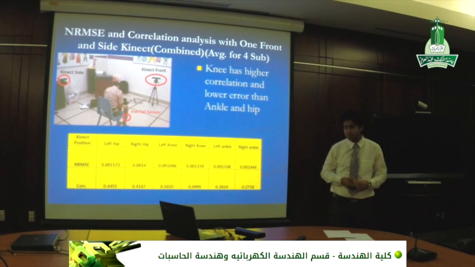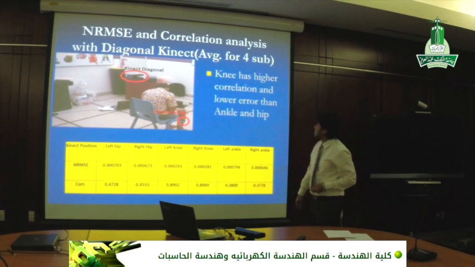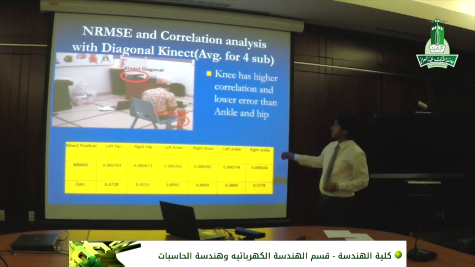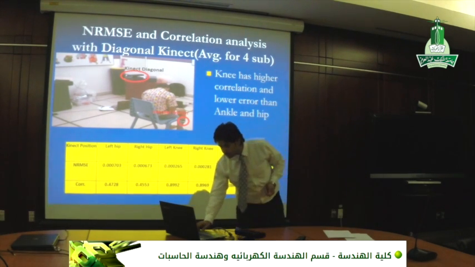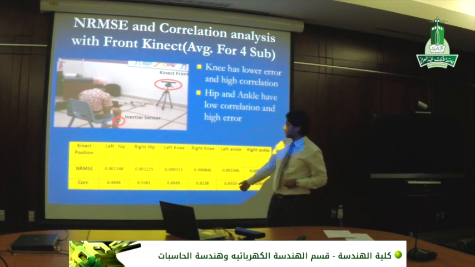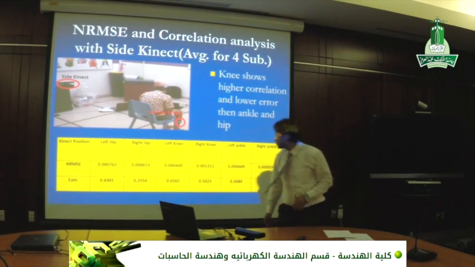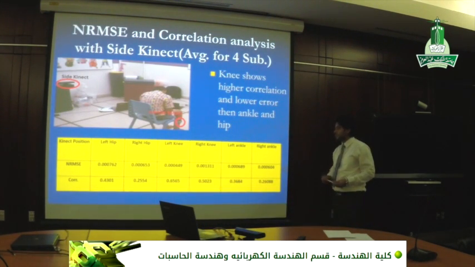Can you go back to the previous slide? Yes. So the previous one is the diagonal. Show me front and left side. So this is left. This is front. Okay. So for the left knee, you have 0.89, right? Yes. That's the correlation for the front left knee. Can you show me the side left knee? The side left knee is 0.65, right?